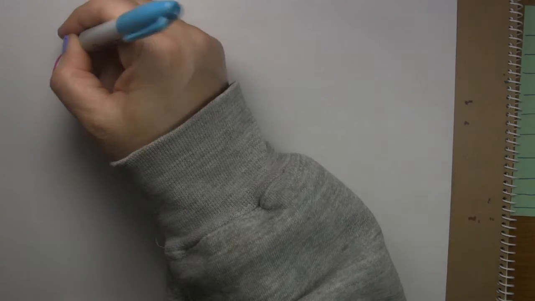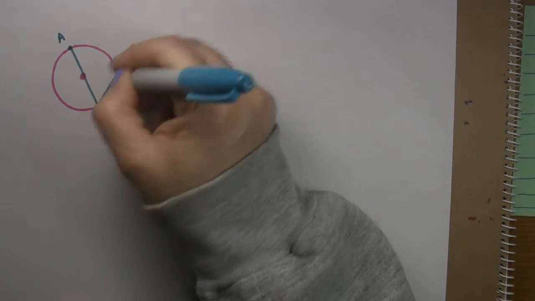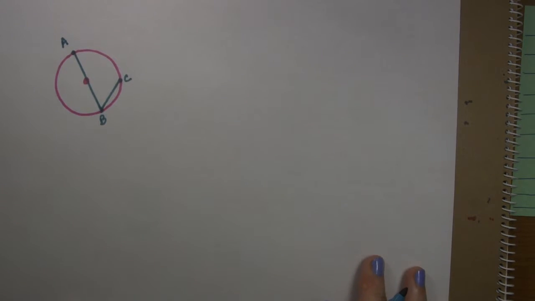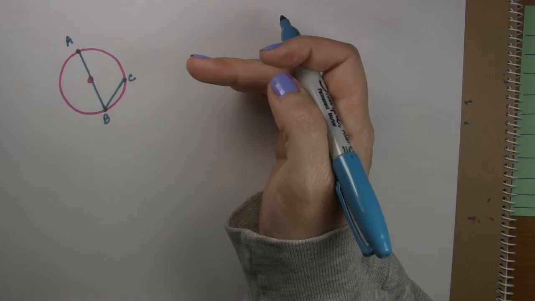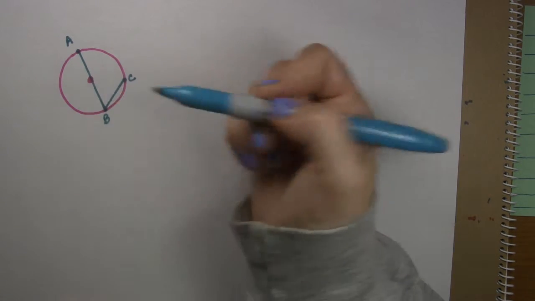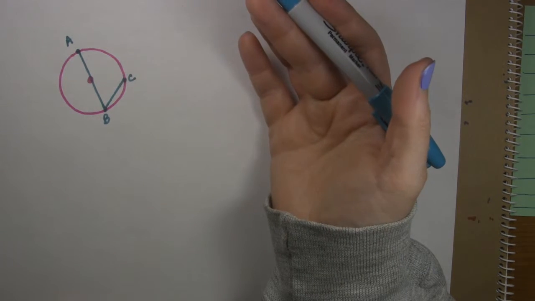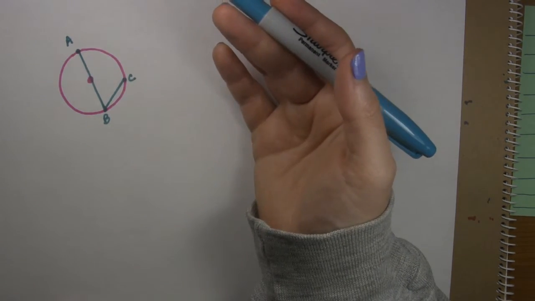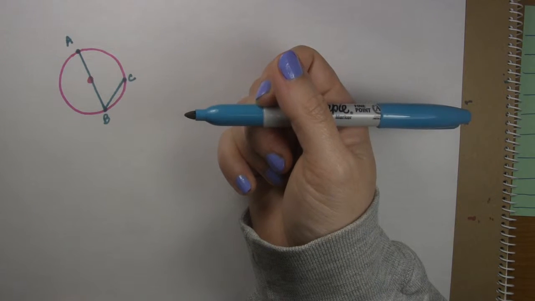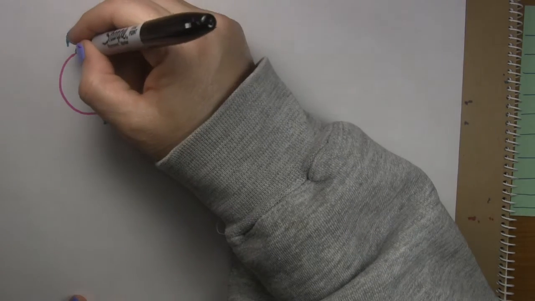Now, I think this is kind of an interesting angle. You can see that it's inscribed. All 3 points are on the edge of the circle. And it goes through the center of the circle, which is not a requirement of the inscribed angle, but it's kind of interesting that that happened, right? Because that could happen. So what we need to do is figure out our intercepted angle.